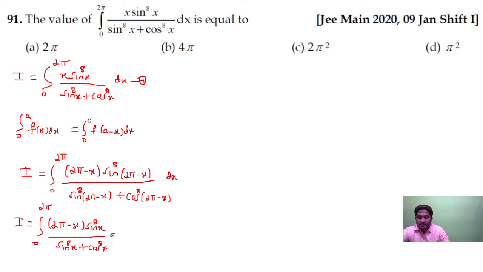Now if I separate them, 2 pi is a constant, I'll take it outside.